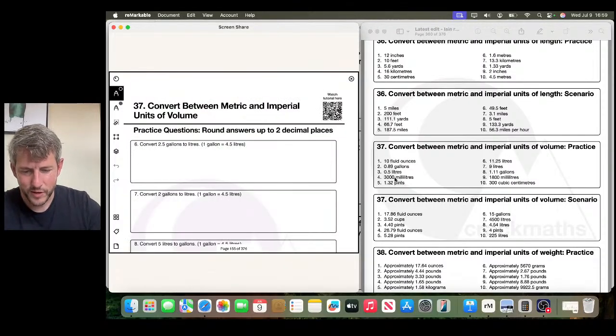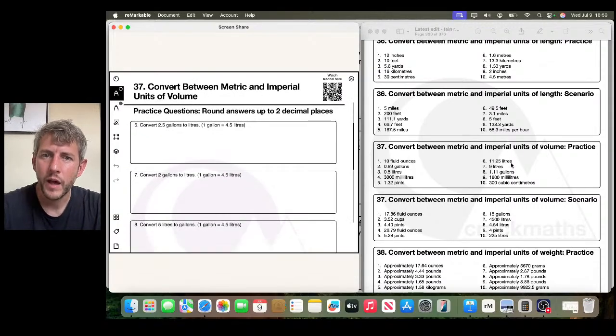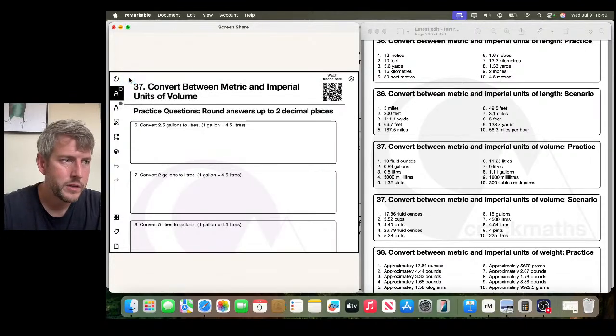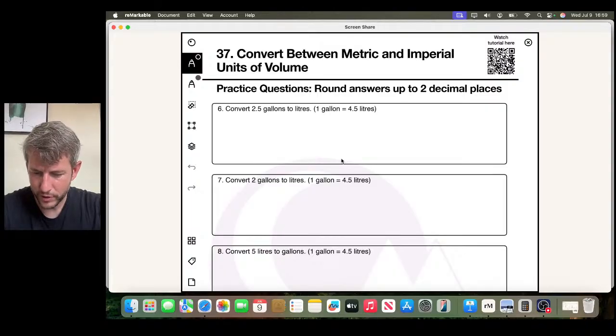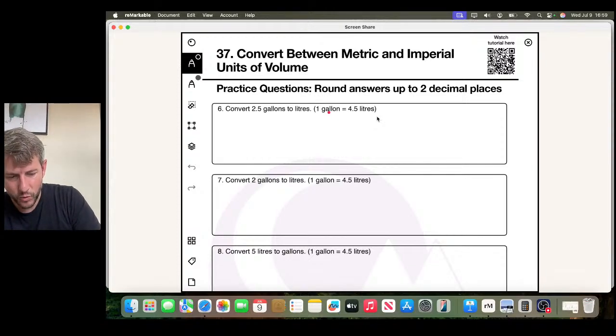Okay. Right, so let's have a look at this next one. We've got topic 37, that's what we're on. We've got the second half of the questions here. Okay, so we have got convert 2.5 gallons to litres. So 1 gallon is 4.5 litres, oh, this is a nice one. We want 2.5 gallons.